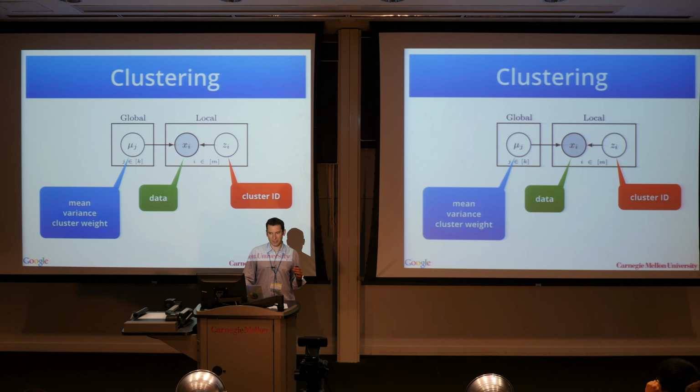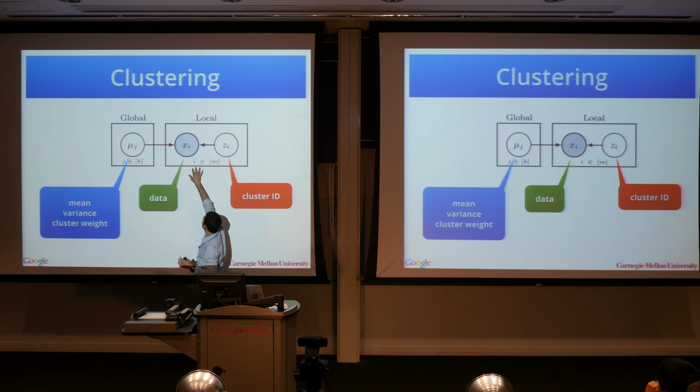Now, of course, it's not just a single red blot that I observe, but there's actually a lot of them. In particular, I observe m of those. So that's why I have this box around here, and it says i going from 1 to m. Rather than drawing m circles, which gets old really quick, I just say, well, repeat.